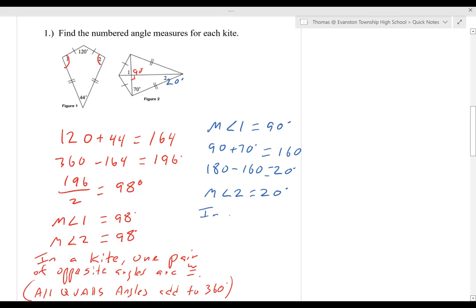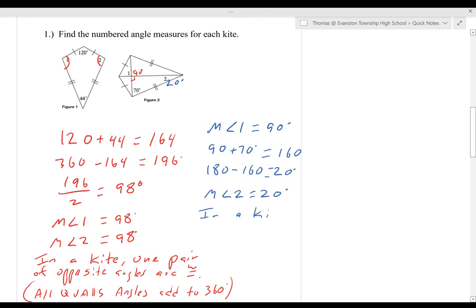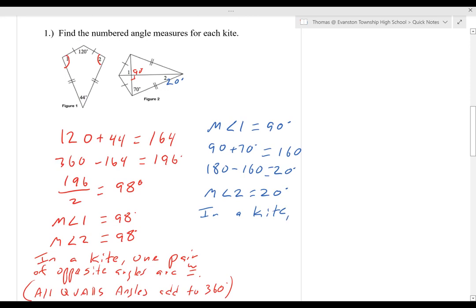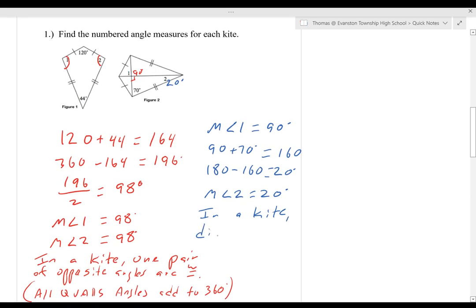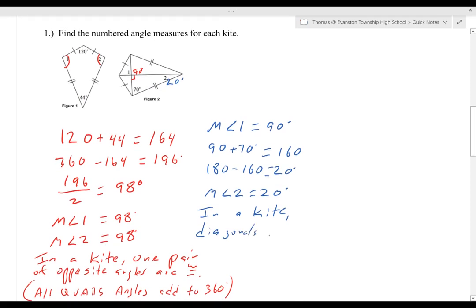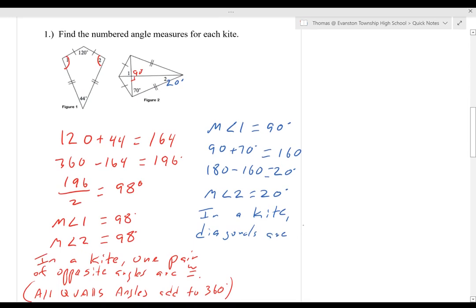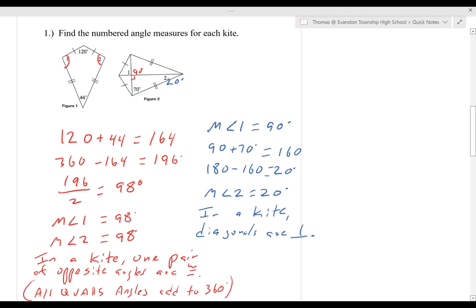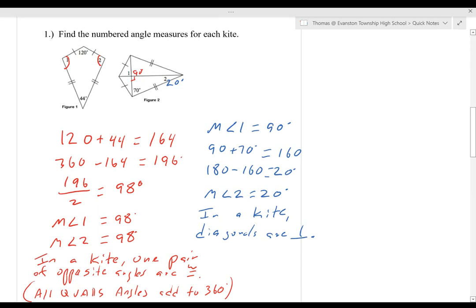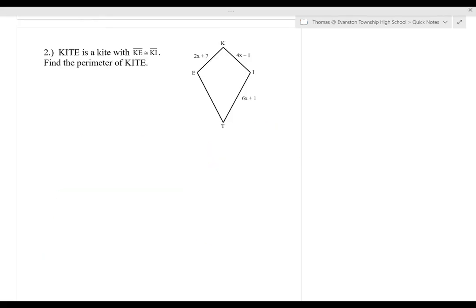And in a kite, the diagonals are perpendicular. They create 90 degrees. Okay, KITE is a kite with KE being congruent to KI.